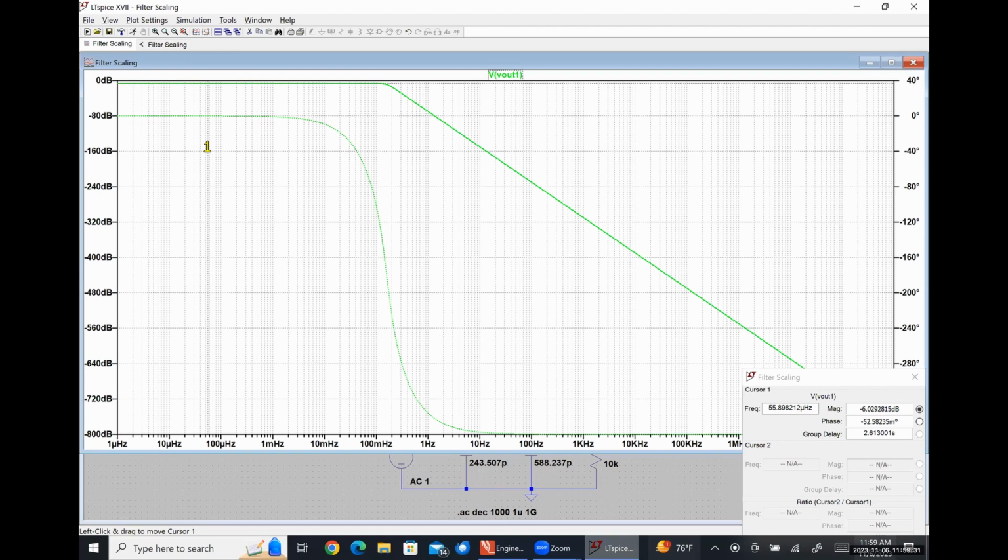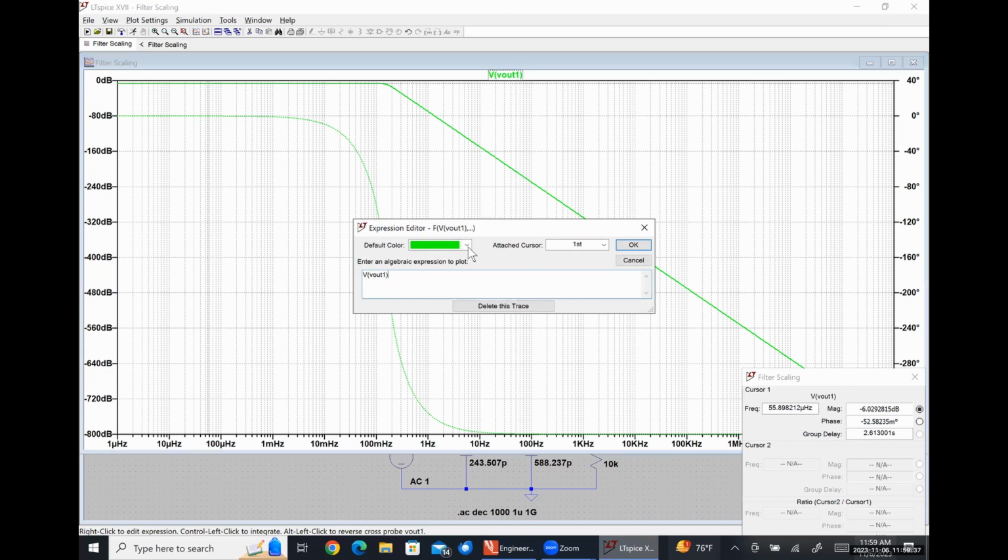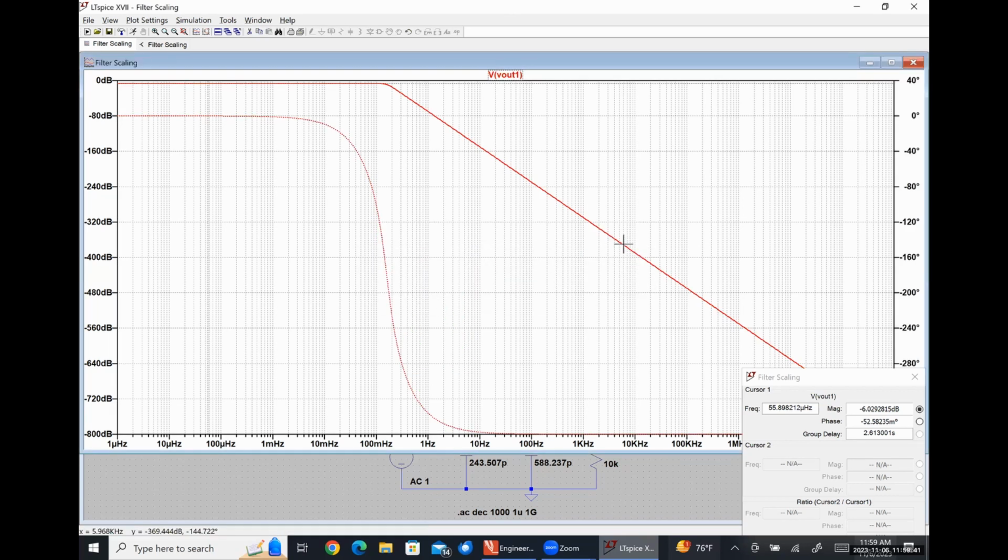So our very low frequency magnitude is -6 decibels, and for our cutoff frequency we're looking for -9 decibels, 3 dB lower than that.